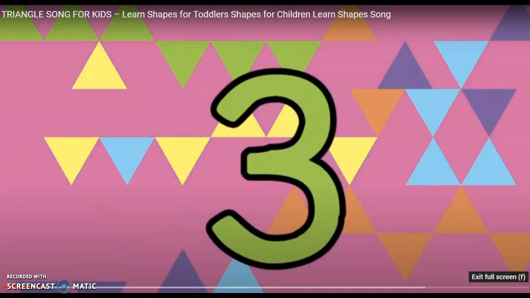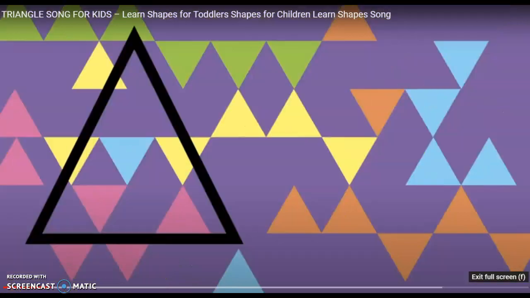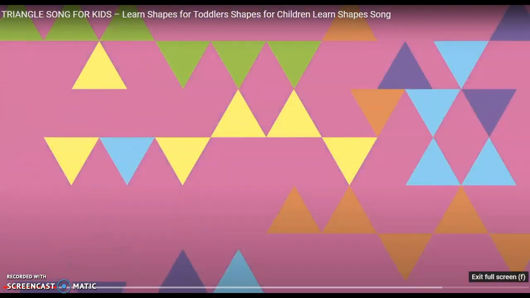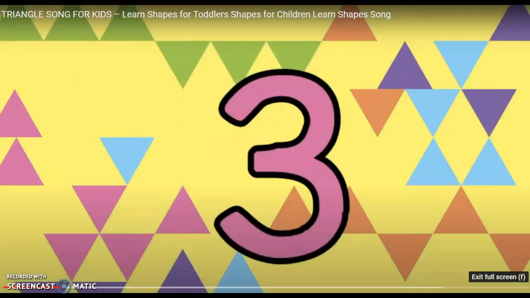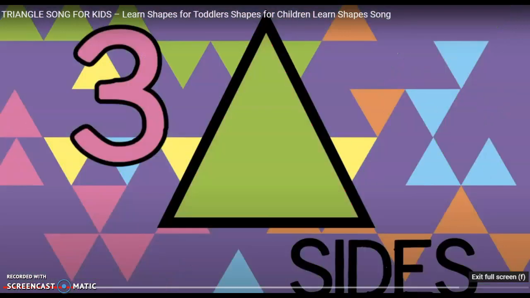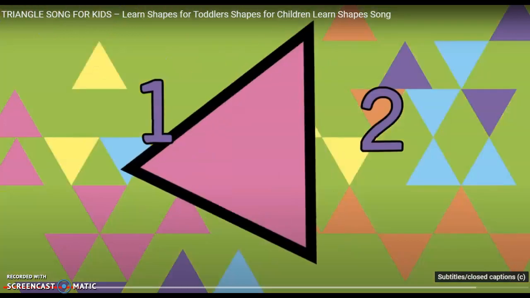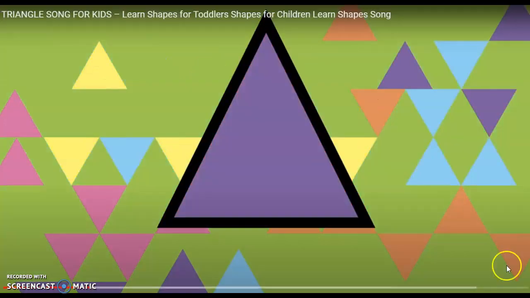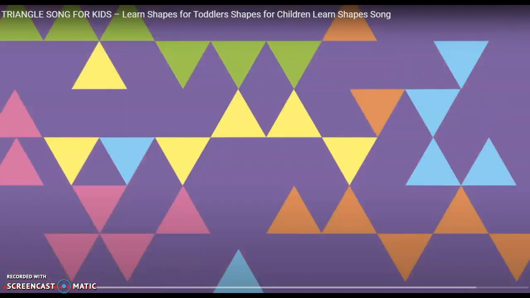1, 2, 3. Triangles have three sides. Triangles.